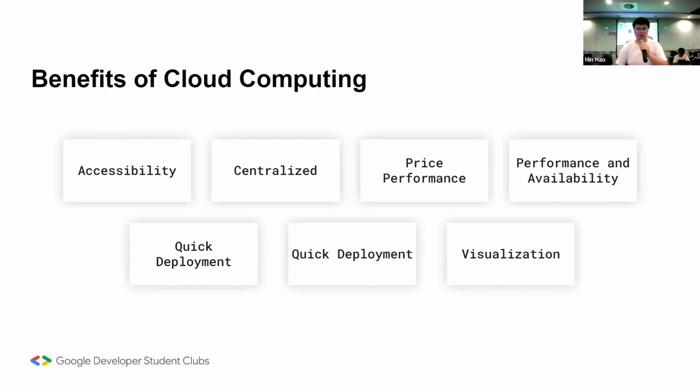Okay, so the next benefit is performance and availability. A lot of these big corporate companies, when they open up this cloud computing solution, a lot of times the devices and the hardware that they use to make it available for cloud computing are very good in terms of performance. This is also because they want to handle the load of the amount of users that are going to use this cloud solution.